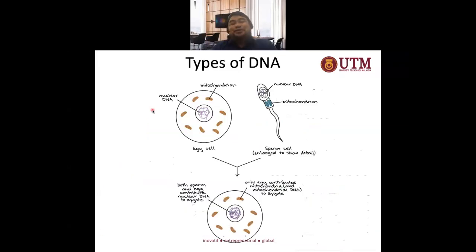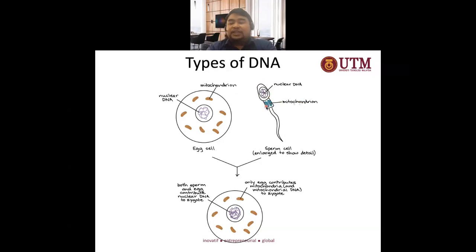It goes back to the fertilization process. This is the egg cell from your mother. It has nuclear DNA, and of course, inside the cell there is mitochondria. This is the sperm from your father. It has nuclear DNA at the head of the sperm, and the mitochondria is at the neck of the sperm.